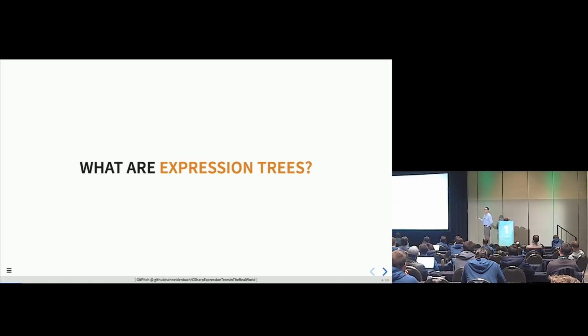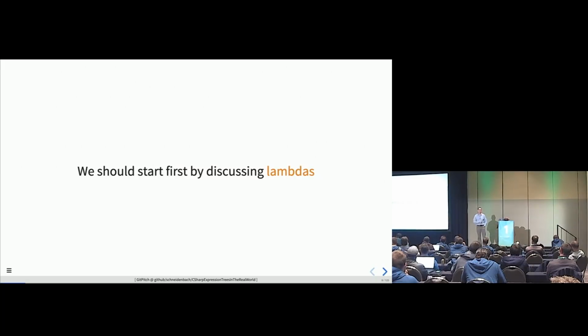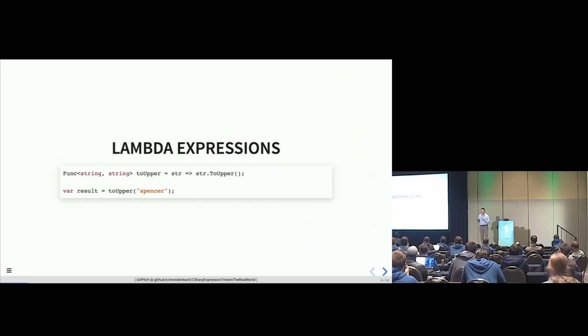So let's start by talking about what expression trees are. Before we can talk about expression trees, I think it's useful to talk about Lambda expressions. So this is a Lambda expression, declared inline inside of a variable. We have Func of string, which defines a function signature that takes in a string and returns a string.